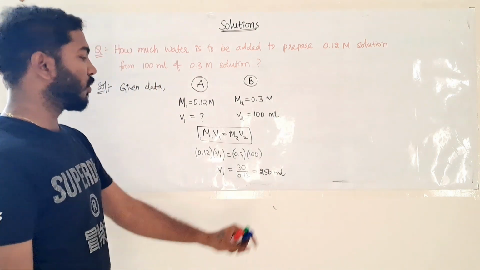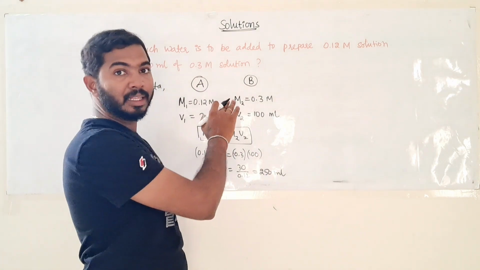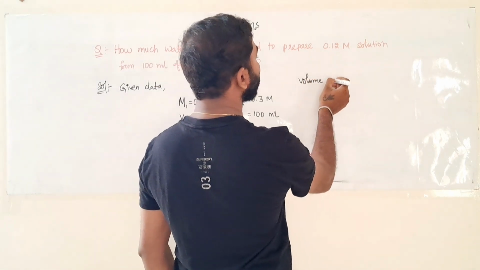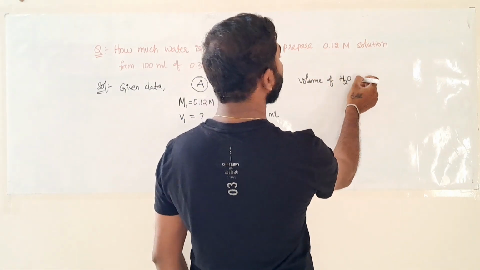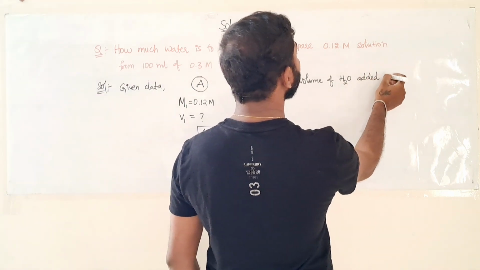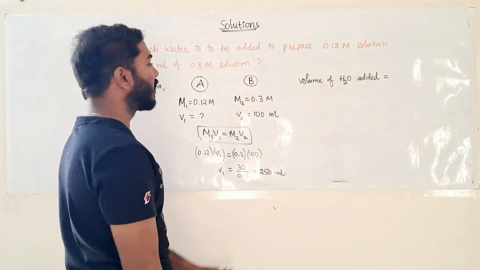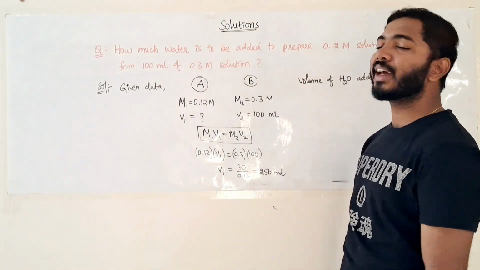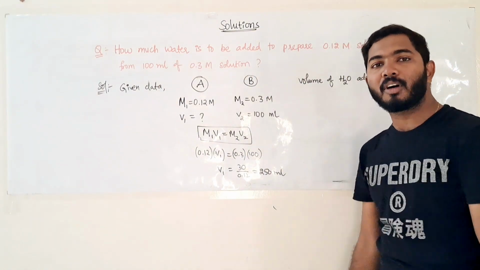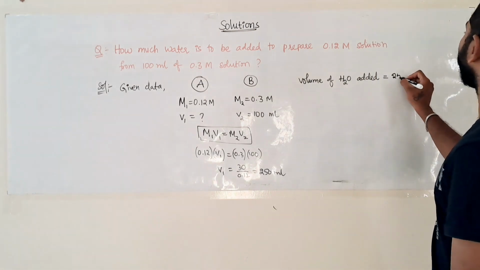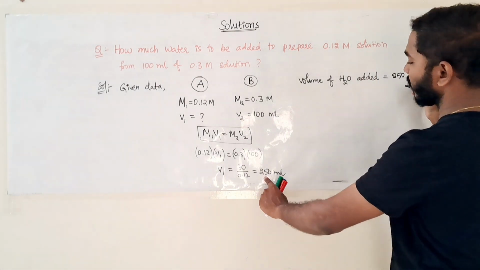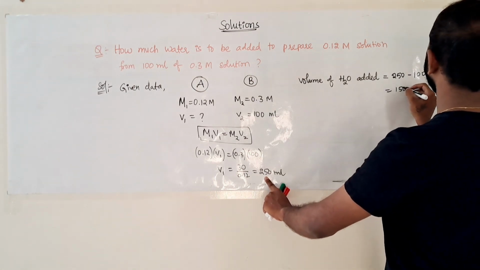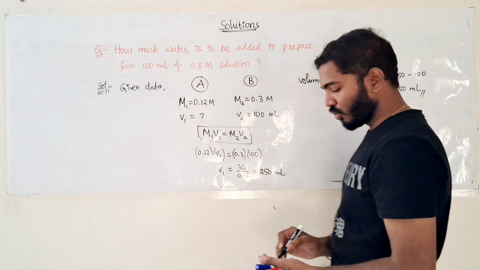So we have got the volume in this case, but they are asking how much volume of water, the volume of H2O added. Already 100 ml is there, so how much extra water is to be added? That can be calculated by deducting 250 ml minus 100 ml, which comes out as 150 ml. So hope it is clear.